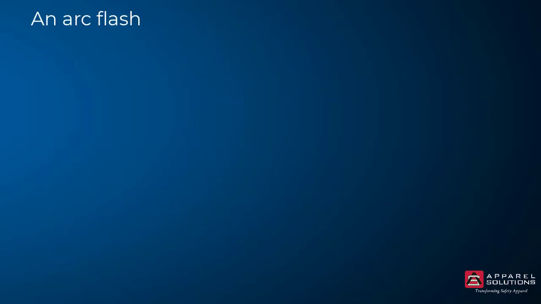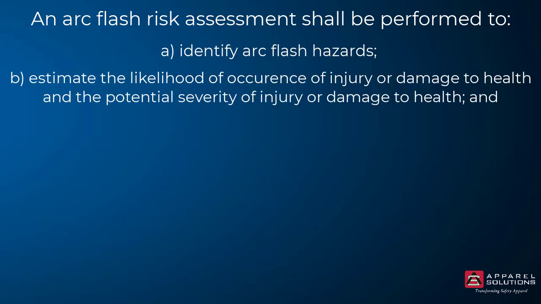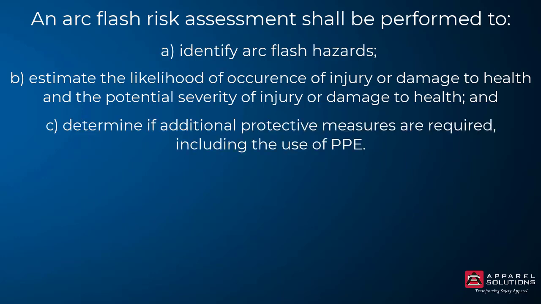The PPE category method really is a form of a risk assessment. Like any other risk assessment, we identify the hazards, estimate the likelihood of occurrence and the potential severity of injury or damage to health, and determine if additional protective measures are required, including the use of PPE.